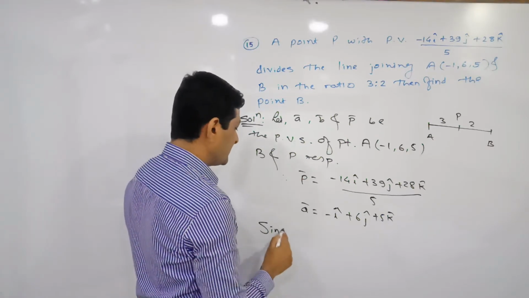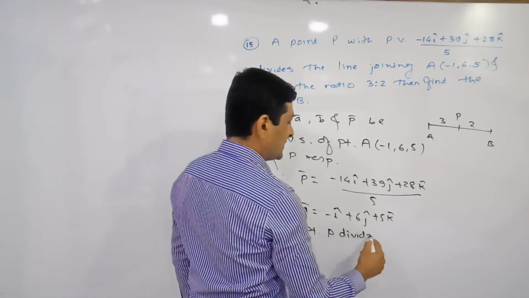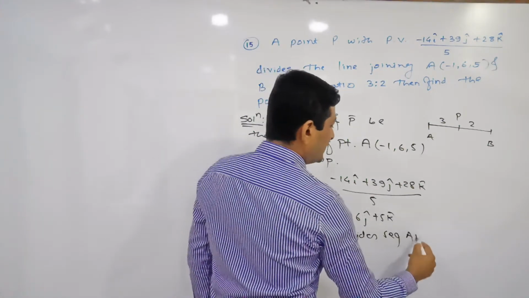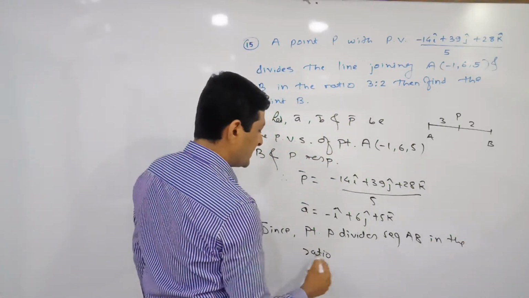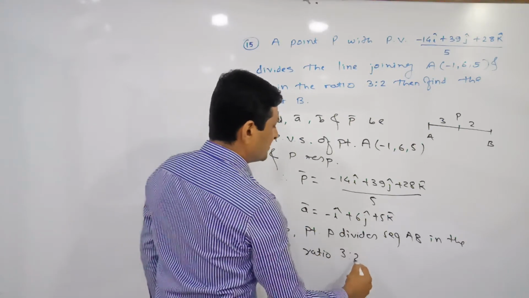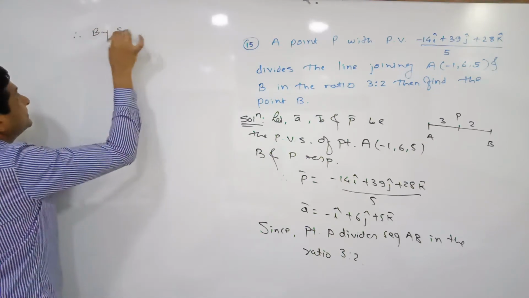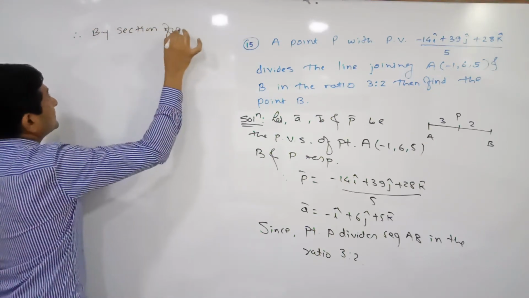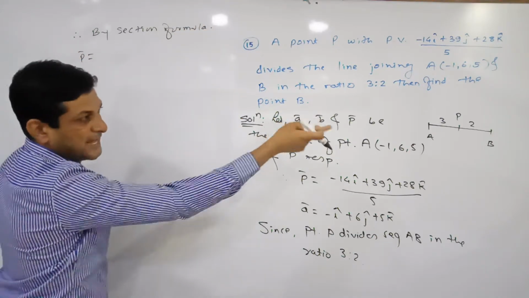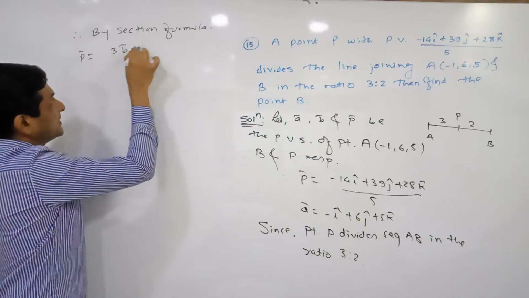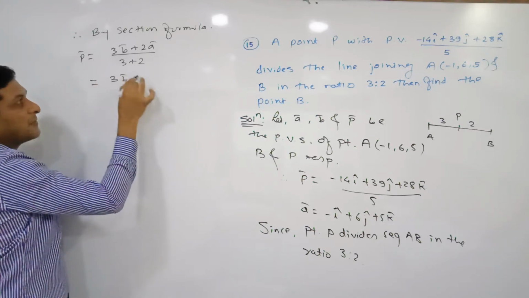So since point P divides segment AB in the ratio 3:2, by the section formula, P bar will be equal to (3B bar plus 2A bar) upon 3 plus 2.